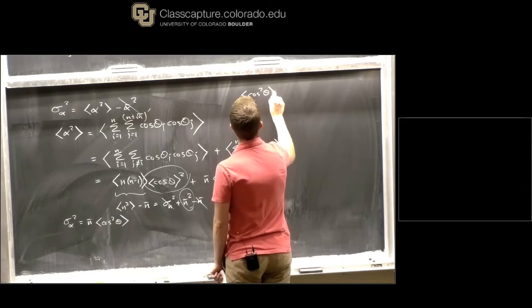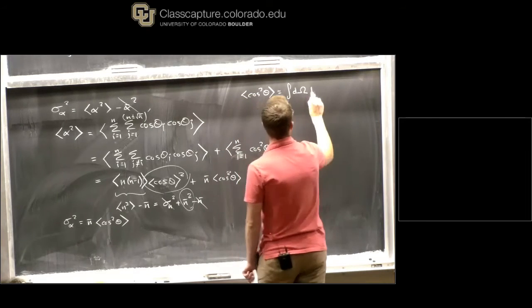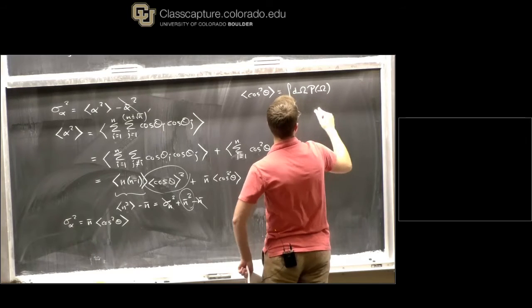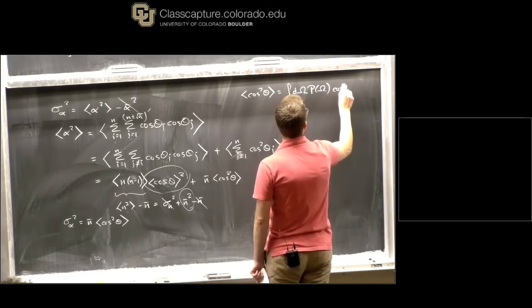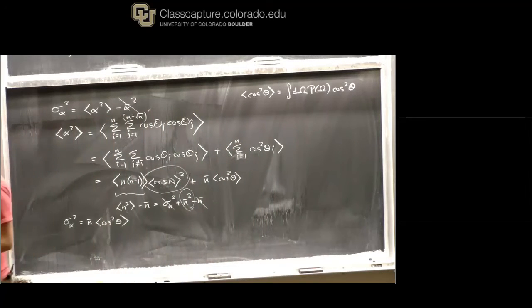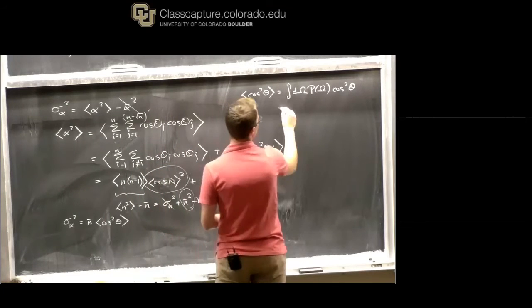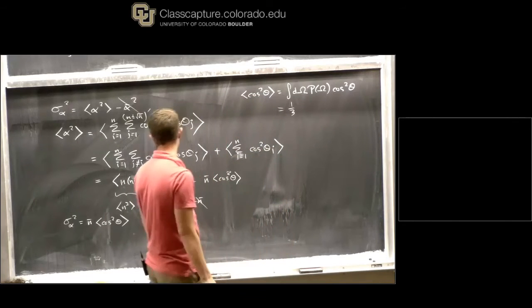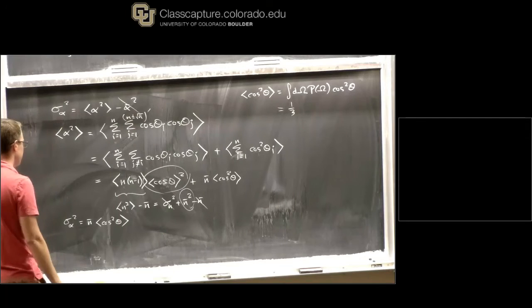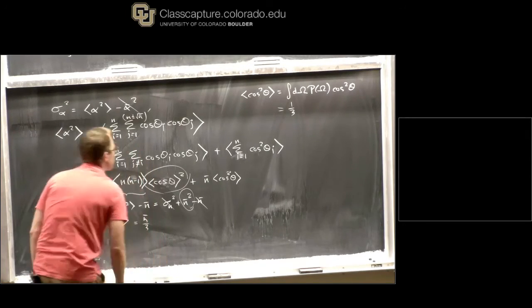The average of cos squared theta is simply the integral over the solid angle of p of the solid angle, which we got from the flux, times cos squared of theta. And that's just an integral. You can do it. You get a third. So this is actually just n bar over 3.